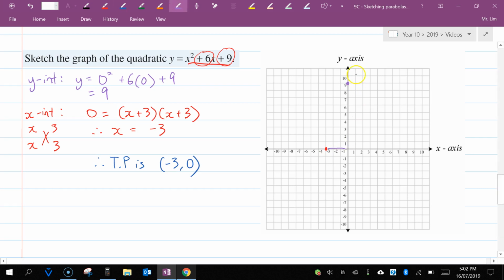We went 3 to the right and up to 9, so 3 to the left and up to 9 is right here. Draw a graph, a parabola. And that's y is equal to x squared plus 6x plus 9. Don't forget the arrows.